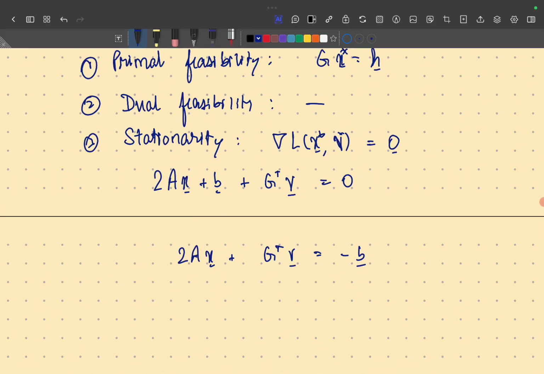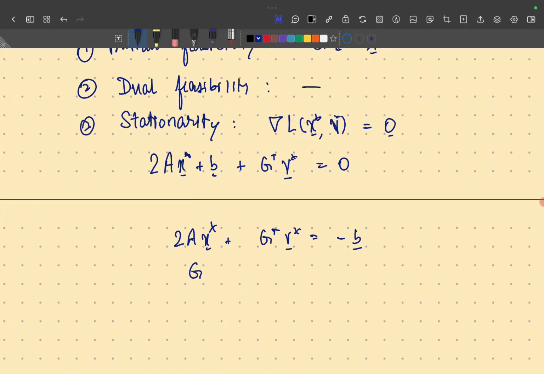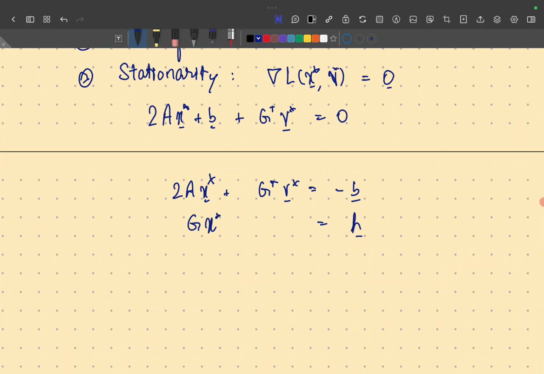Right, so primal feasibility says that G times x star should be equal to h. So I can write this in the following matrix form.